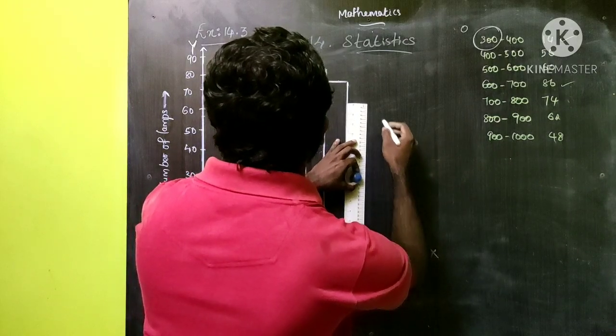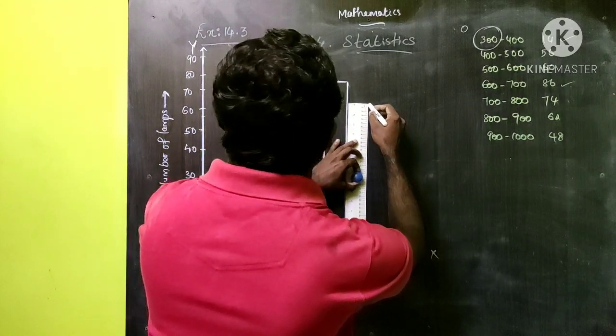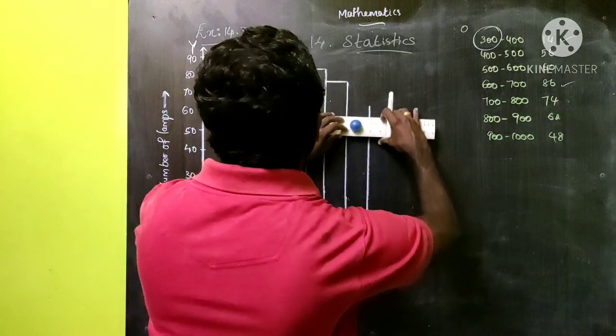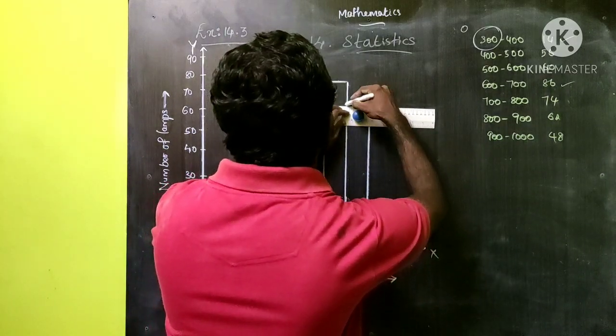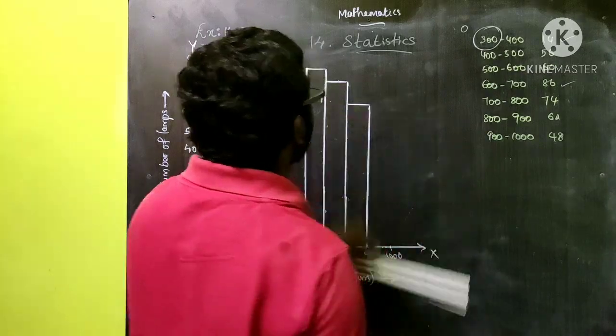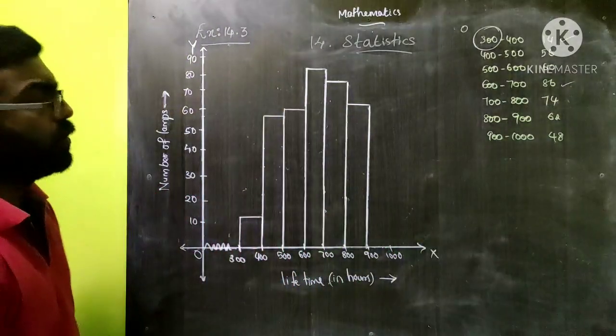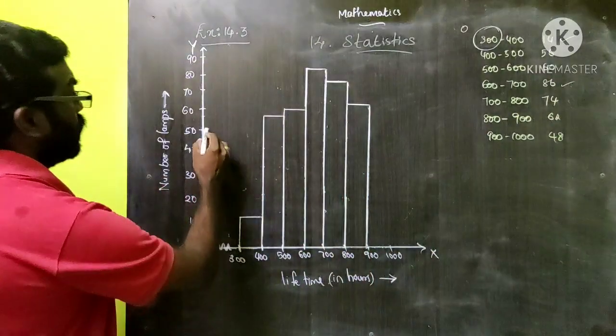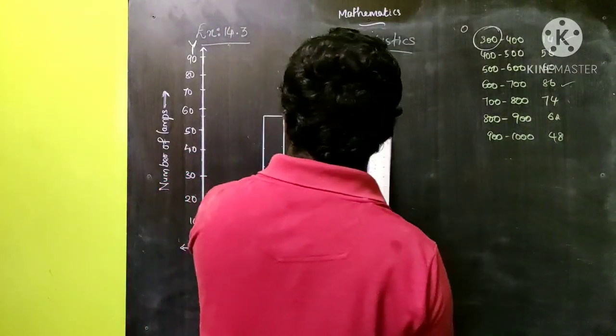Approximately here we can mark. Then the last one, 900 to 1000, 48.